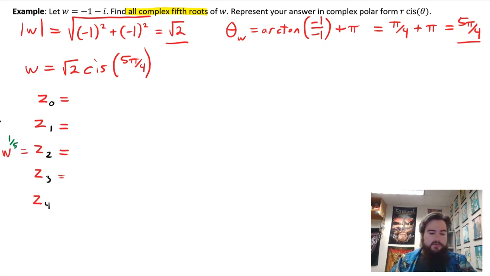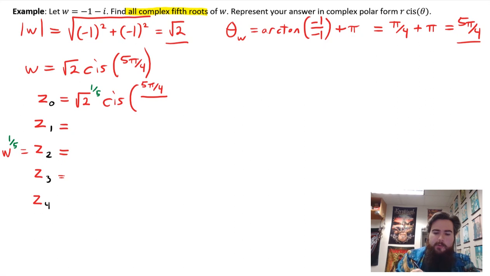So, to do the first root, we're going to take the original modulus, square root of 2, and take that to the 1/5 power. Then, we'll multiply that by cis of our angle measure, 5 pi over 4, and we're going to divide that by 5, based on the root that we're working with.